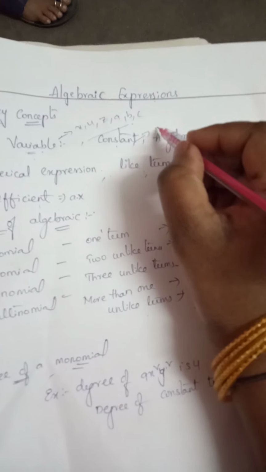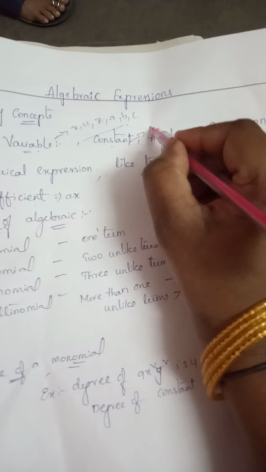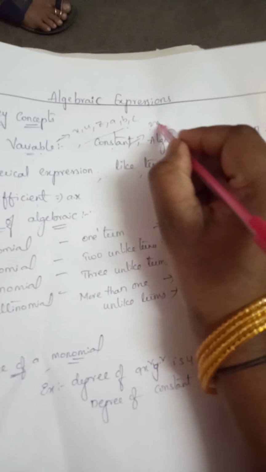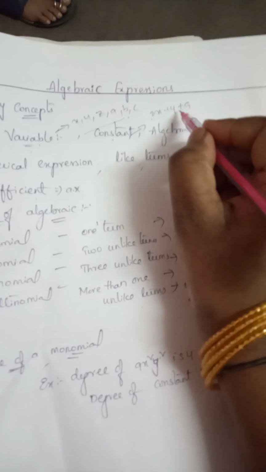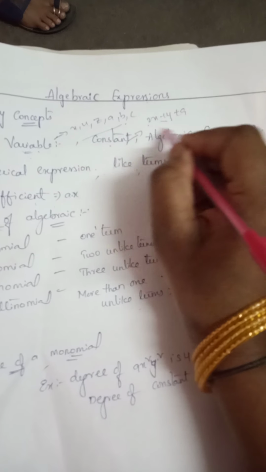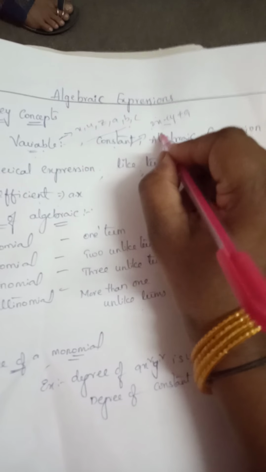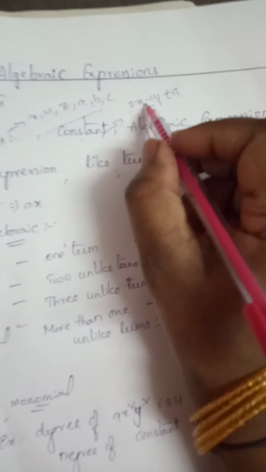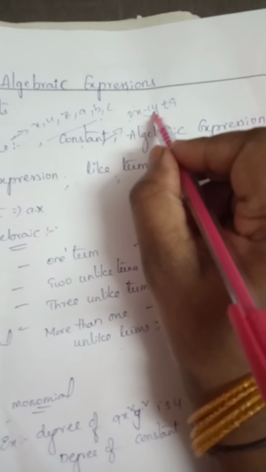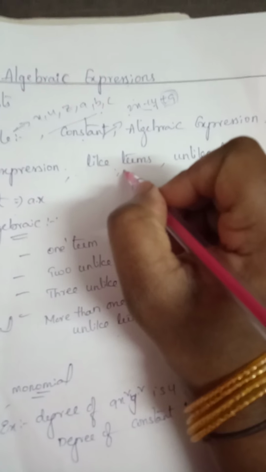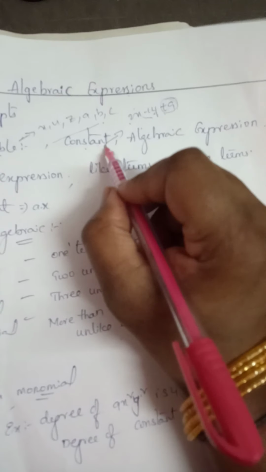If they give an expression, for example 2x plus y plus a, here 2x plus y plus a acts as an expression, but x and y are the variables, and a acts as a constant. Everyone understood what variables and constants are?